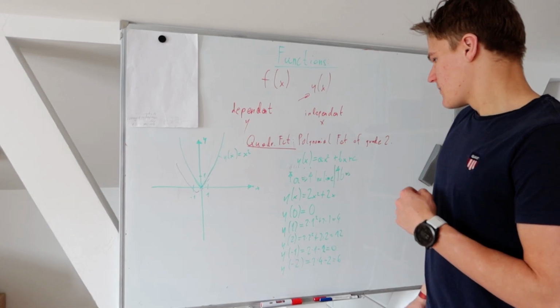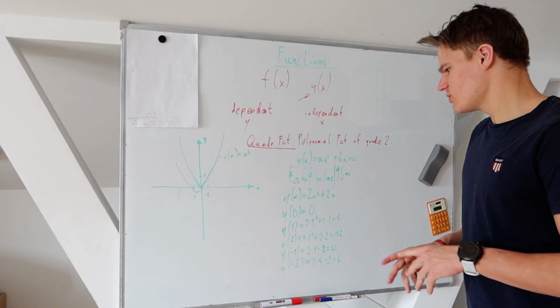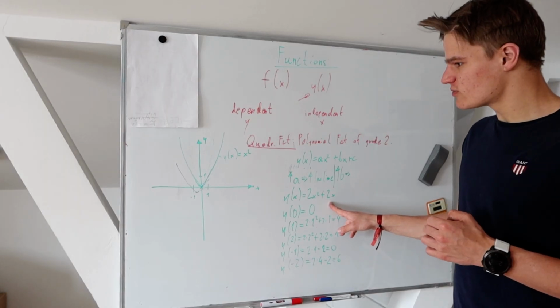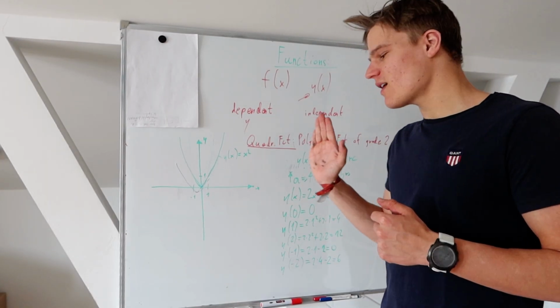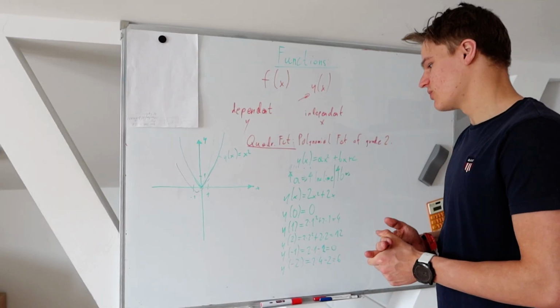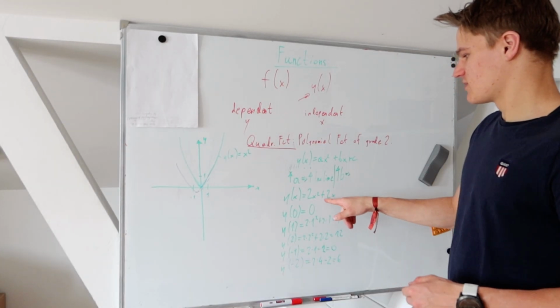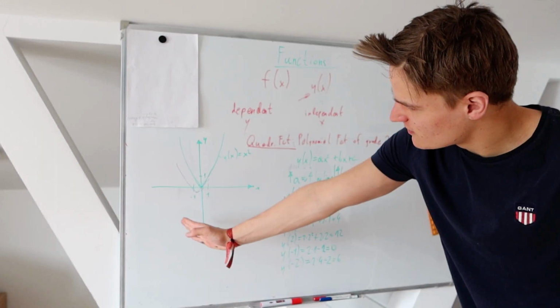So what else can we do? We just said b is plus 2, but how is it possible that this parabola is on the left, right? An important thing to know is that when you have plus here, the parabola is going to be on the left.